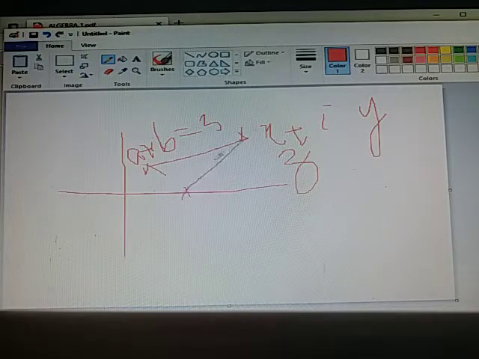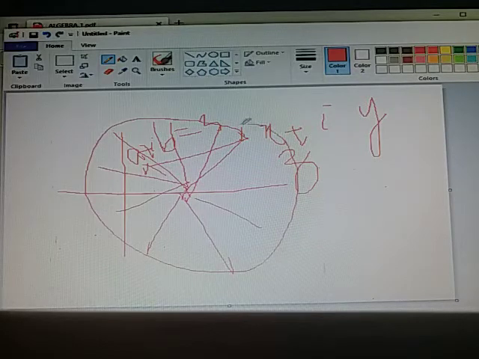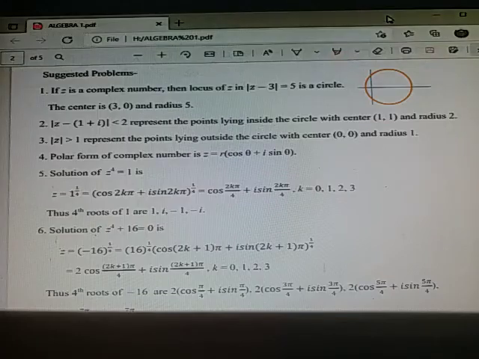This distance is always the same, whatever the value of z, it is always 5. So this is the locus of a circle. The distance from the fixed point (3, 0) is 5. Imagine like this, and you will have the center as (3, 0) and the radius 5.